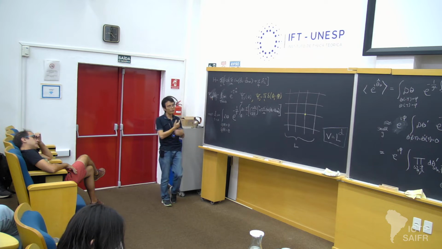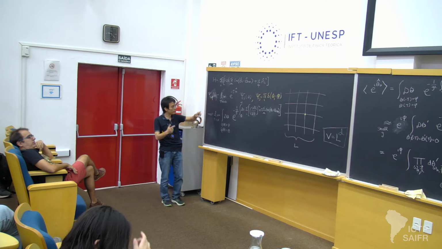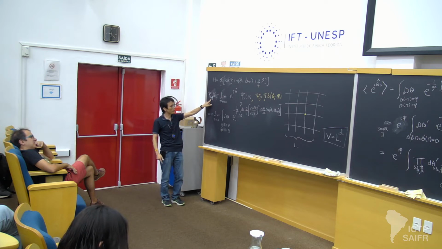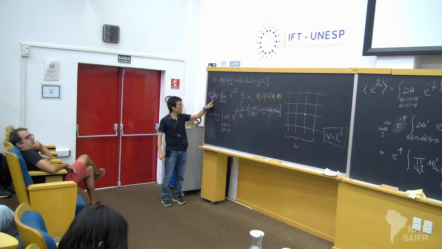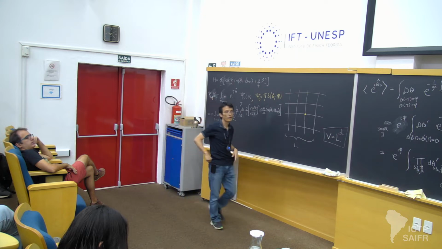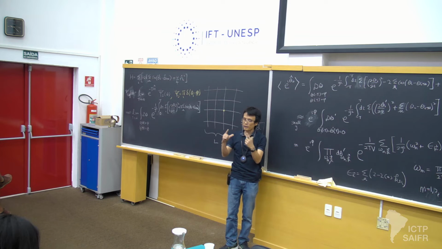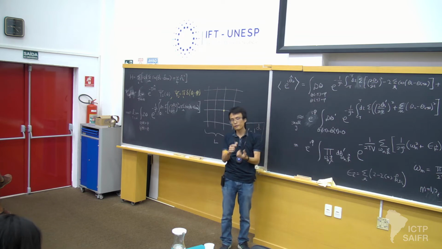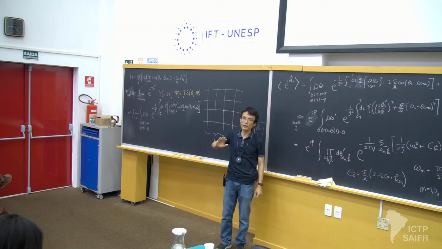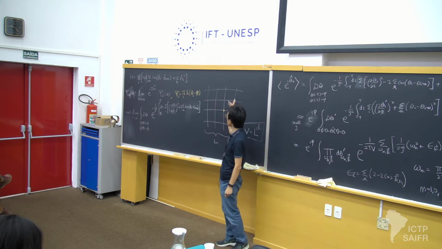Now our goal is to see whether the ground state obtained this way has any information about our seed state or not. So this is the goal. And to see that, we decided to look at the expectation value of one operator that can tell the direction of the rotor. We can choose any point, okay?